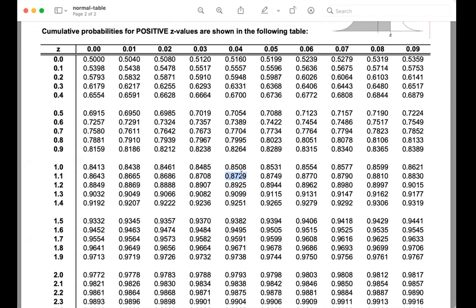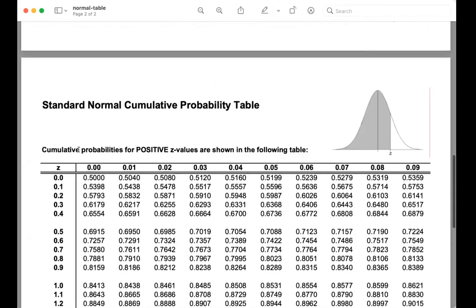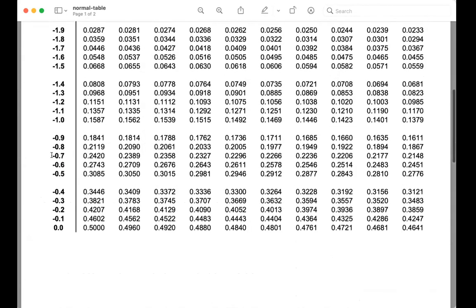That area is 0.8729. Subtract negative 0.71, which is this one.